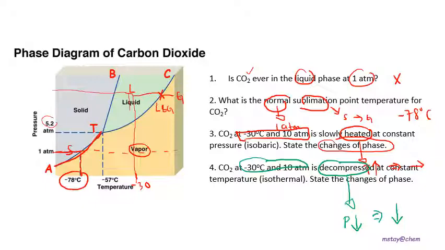From this point it is liquid. When we decompress, the pressure gets lower and lower. At this point, the carbon dioxide will exist as liquid and gas. If you continue to decompress, it will exist in the gas phase.